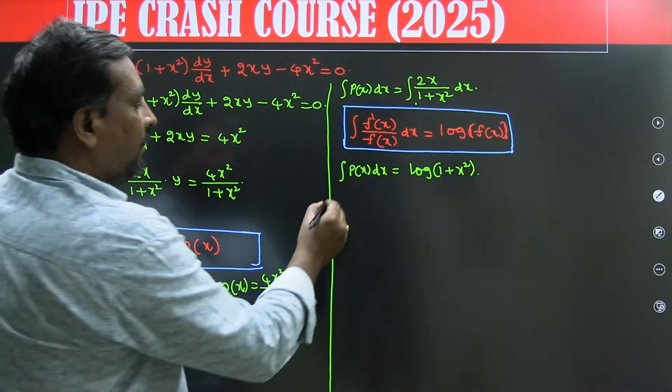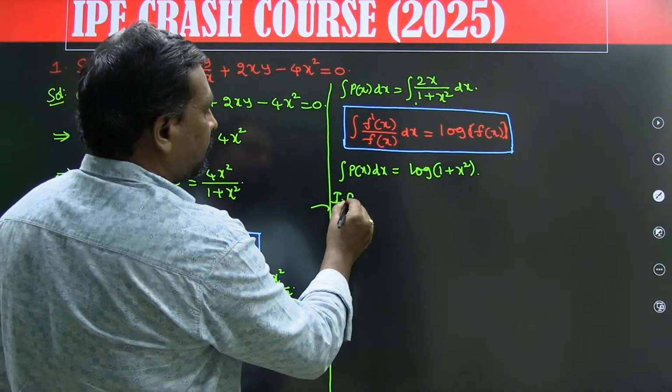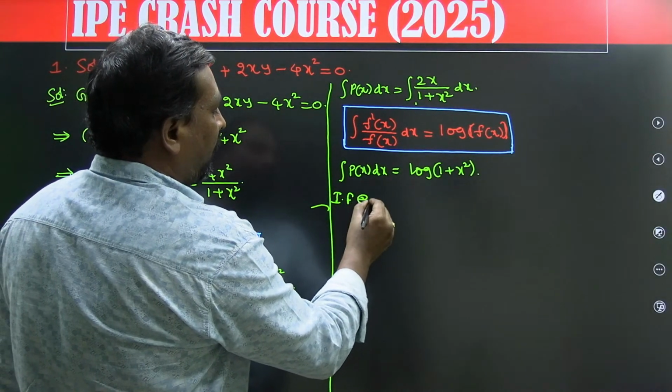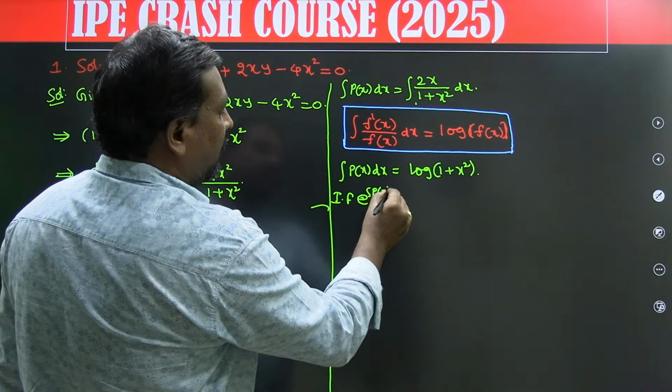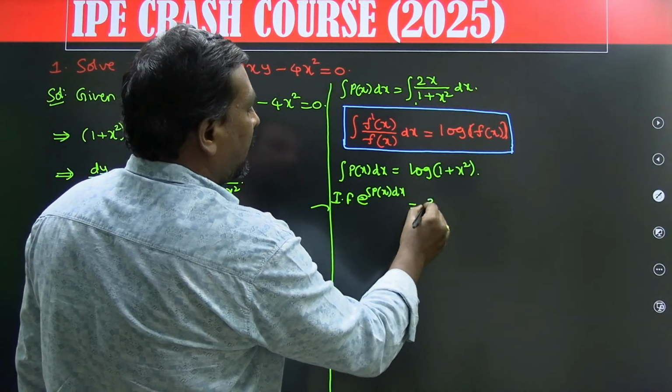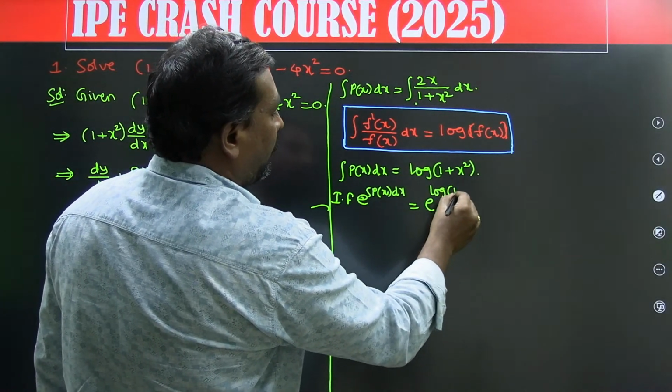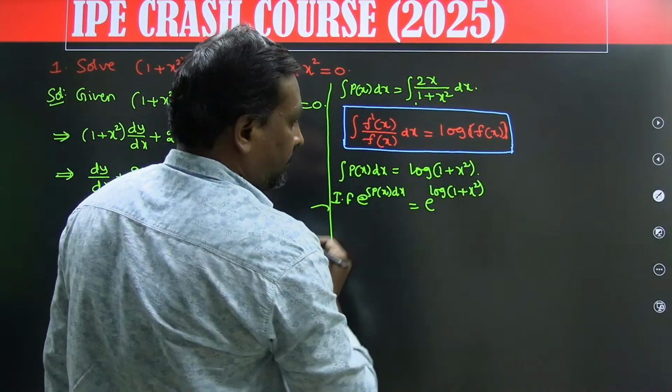So now the integrating factor is e power integral p of x dx, which is equal to e power log of (1 plus x square).